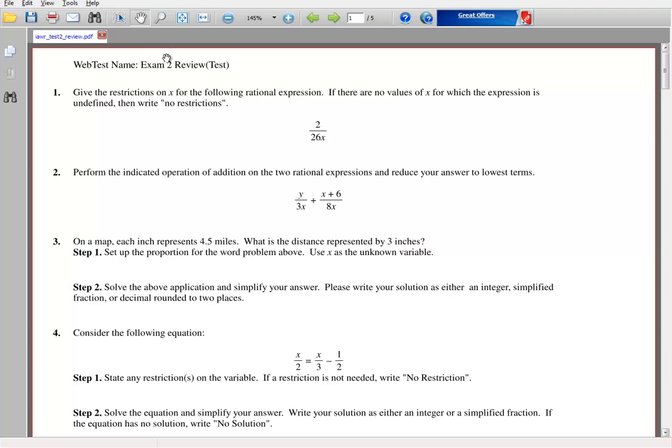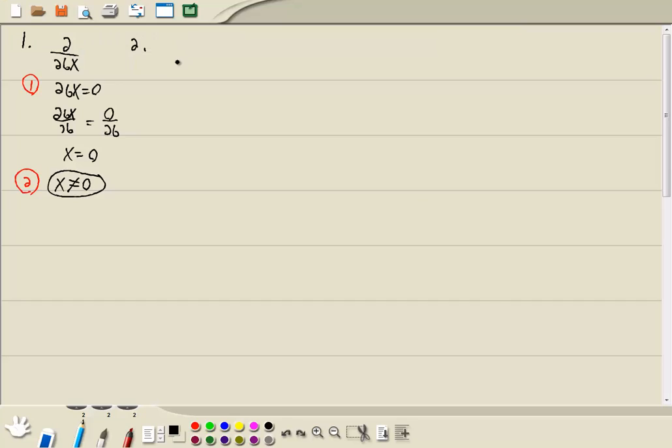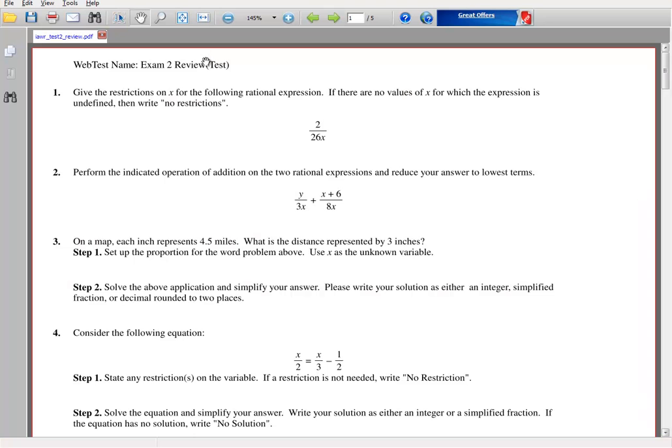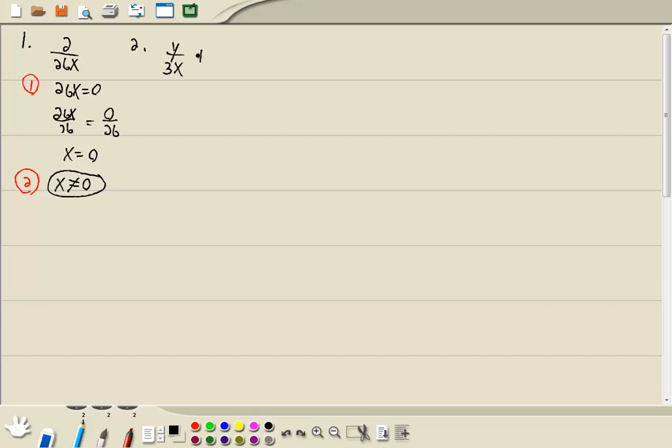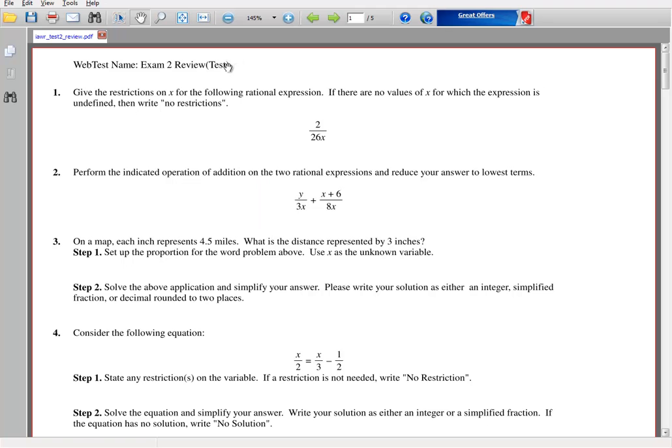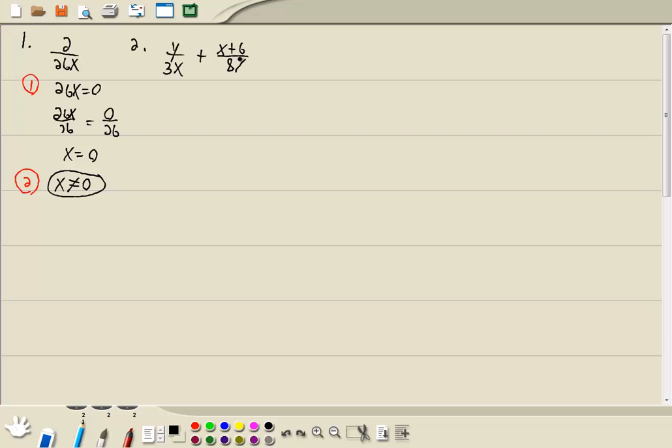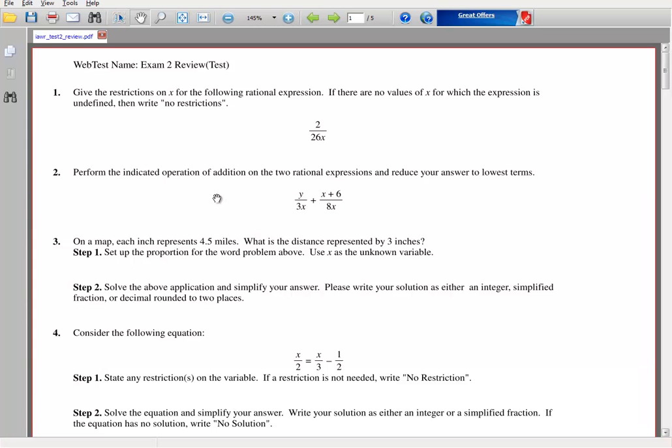Okay. Number 2, y over 3x plus x plus 6 over 8x. And it says perform the indicated operation of addition on 2 rational expressions and reduce your answer to the lowest terms.